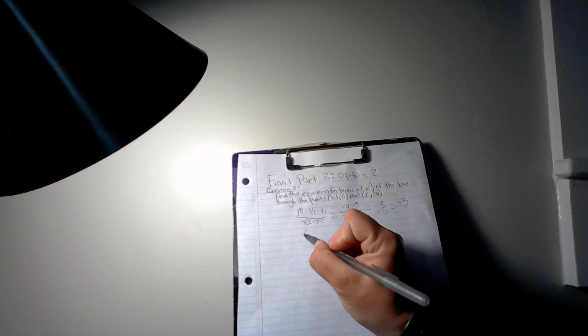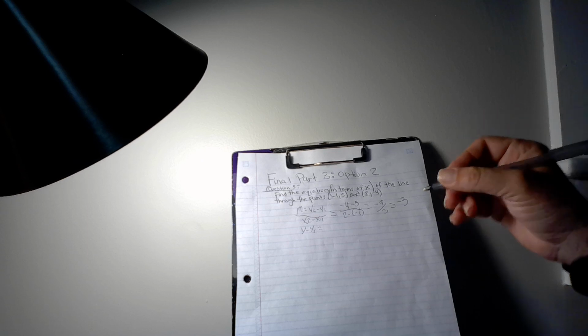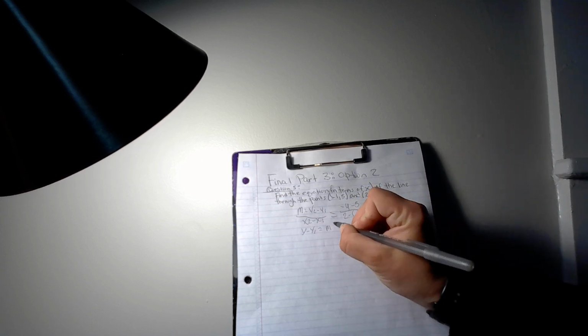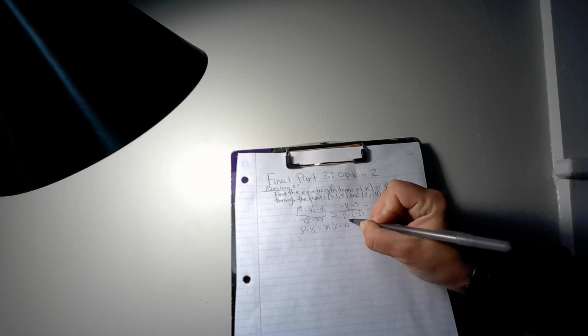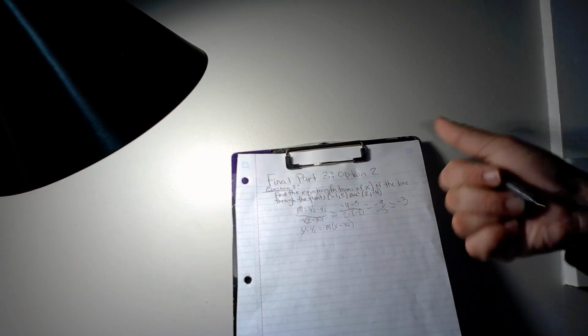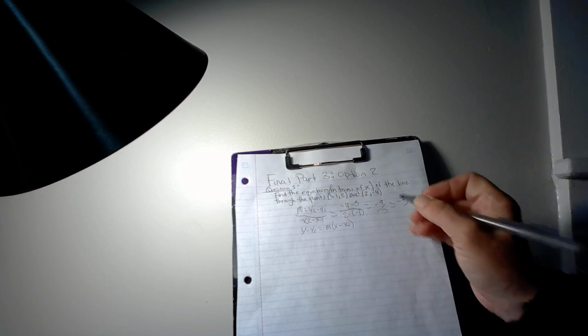The second thing you would do is find the point slope form, which is y minus y1 equals m(x minus x1). So for this case, you would use the point (-1, 5), and you would know now that the slope m equals -3.